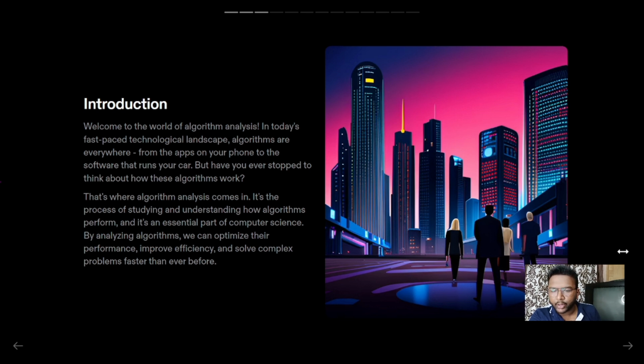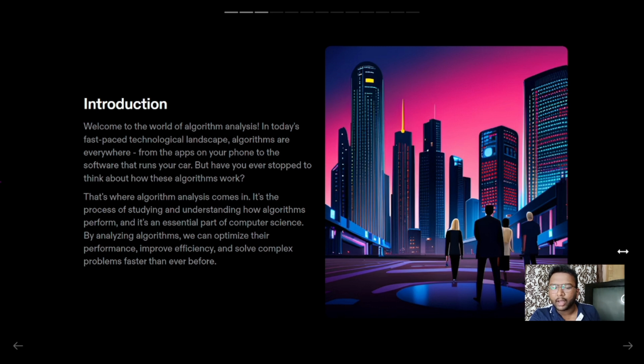So, coming on to the introduction. Welcome to the world of algorithm analysis. In today's fast paced technological landscape, algorithms are everywhere, from the apps on your phone to the software that runs a car. But have you ever stopped to think about the algorithms which work behind them?